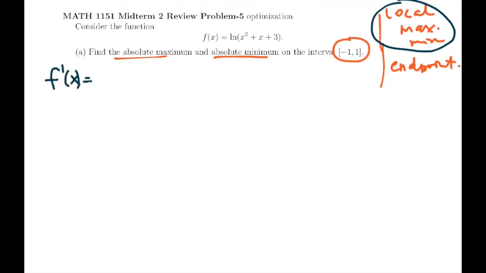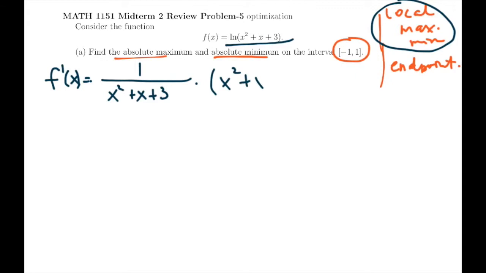and firstly, because it is log, we're going to take the derivative of log first. So that is 1 over x squared plus x plus 3, and then times the derivative of the inner function, that is the derivative of x squared plus x plus 3.